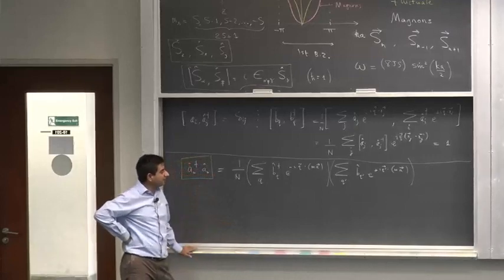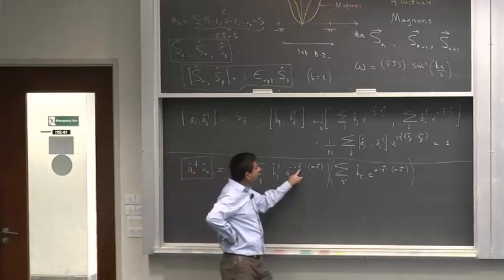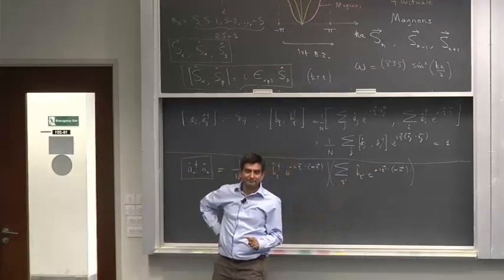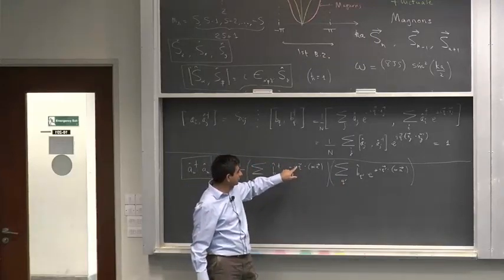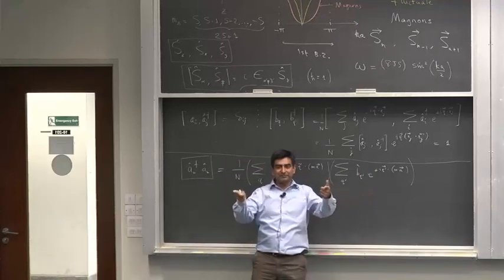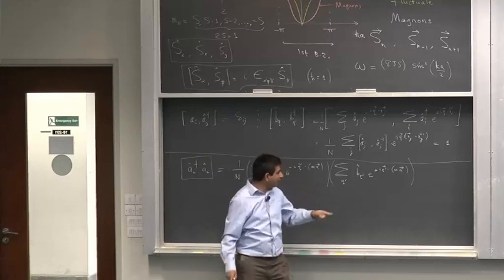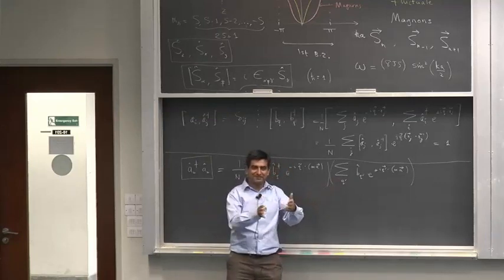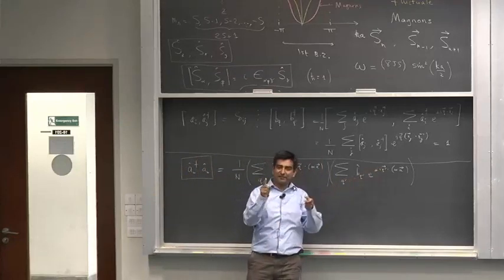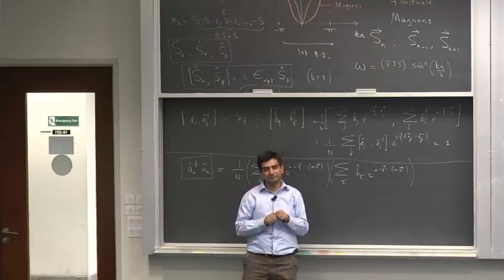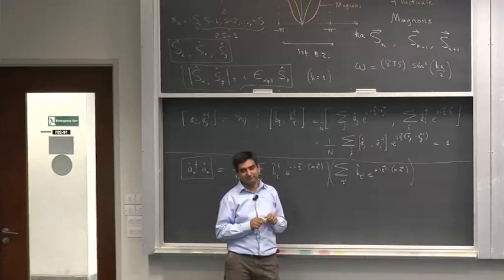Now if I perform this multiplication, I get terms of the kind q minus q prime, which is a wave vector. Now I'm taking the sum over all the q's. If you have a large system, the average of an oscillatory function, which is q minus q prime, is going to be 0. So I only preserve those q's which are common in both of these.